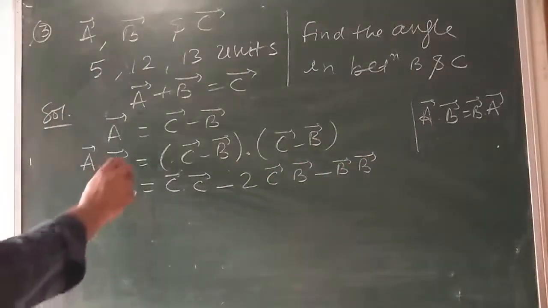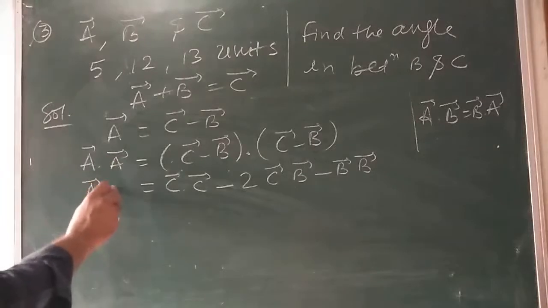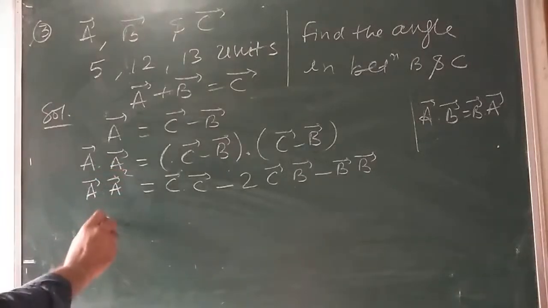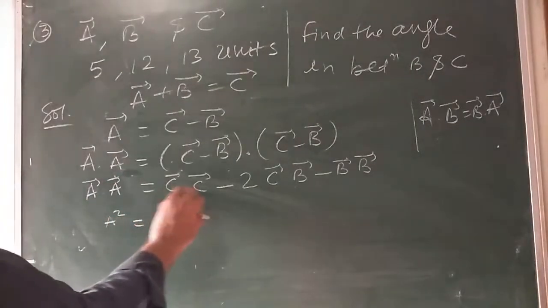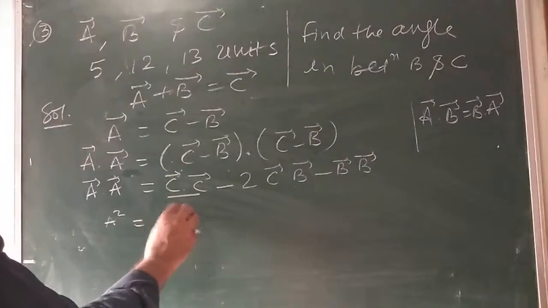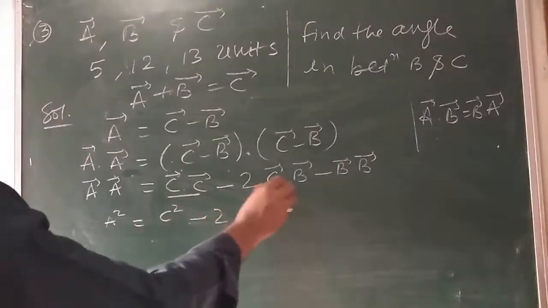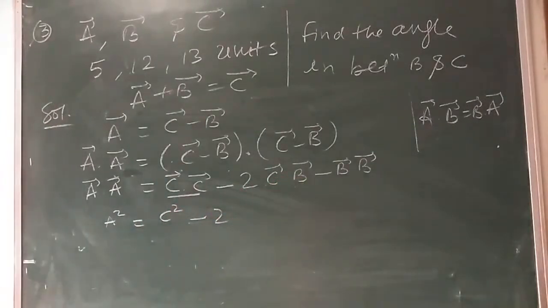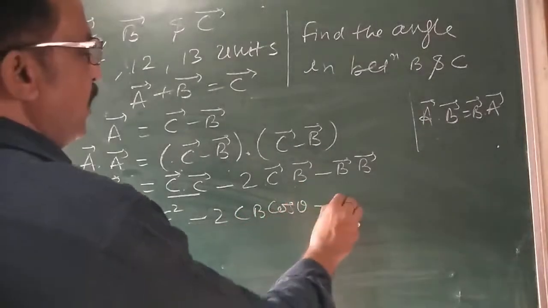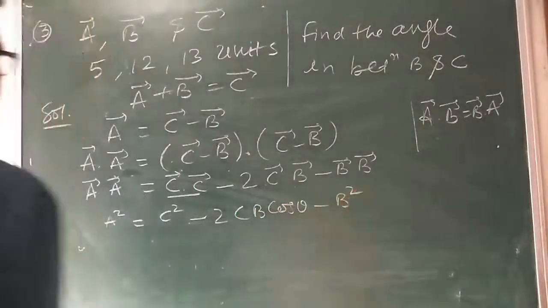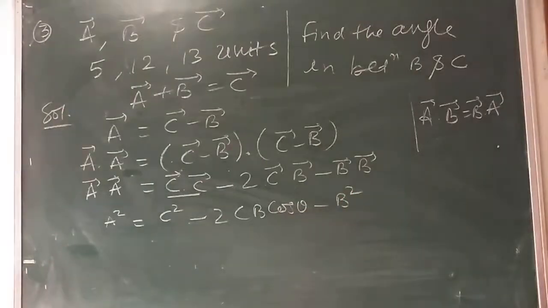So what is the magnitude of this vector? If I want to write, this is A square is equal to C square, the magnitude of this, minus 2 C dot B, that is CB cos theta, and minus B square. This is our magnitude.